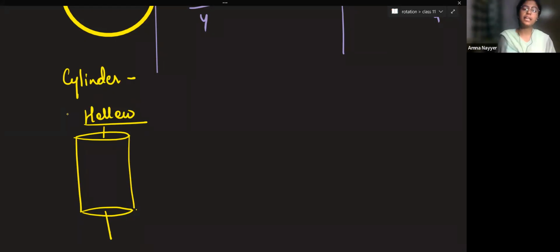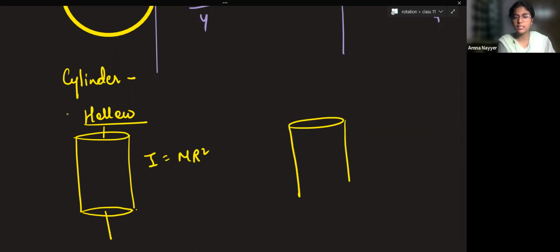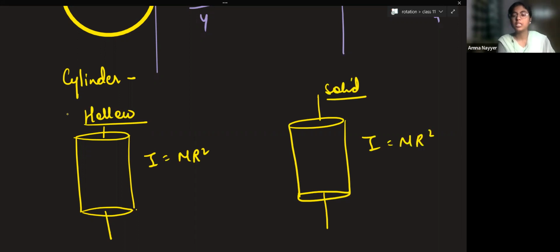This is the rotating axis and this is a hollow cylinder. So moment of inertia is MR square, same as that of a ring. But as soon as this becomes a solid cylinder, moment of inertia becomes MR square by 2. These values you have to remember by yourself.